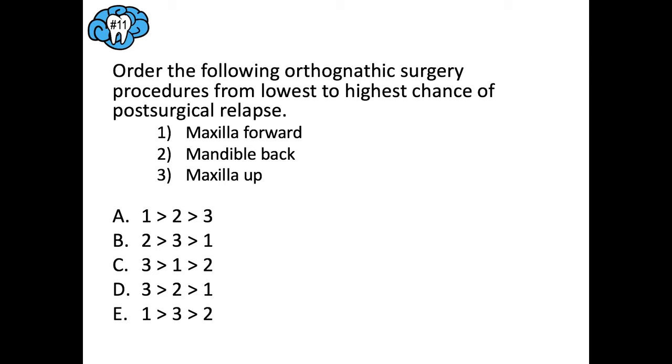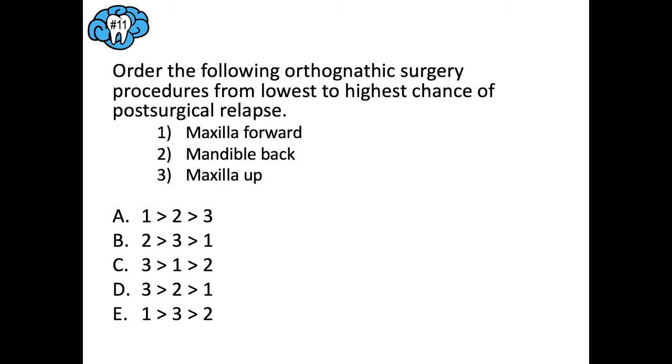So there are multiple steps to this question, and I want to break it down for us real quick. So lowest to highest chance of post-surgical relapse. That might be a little bit confusing. So let's reword that to most stable and predictable to least stable and predictable. So we have to recall our hierarchy of stability.